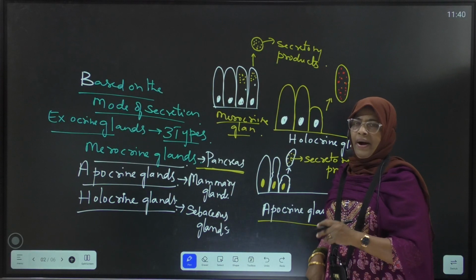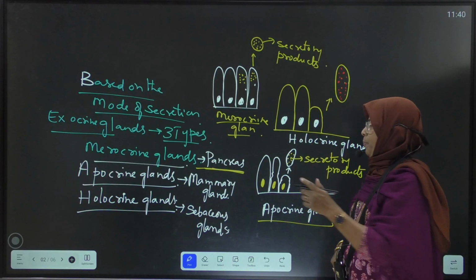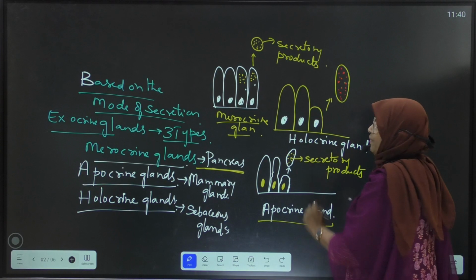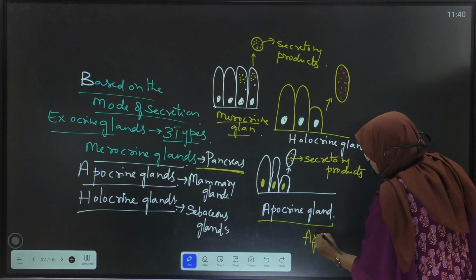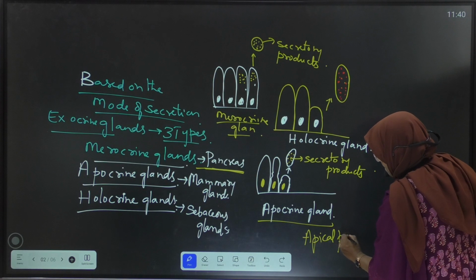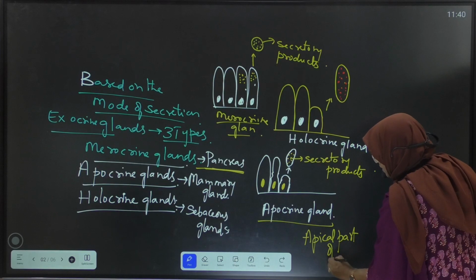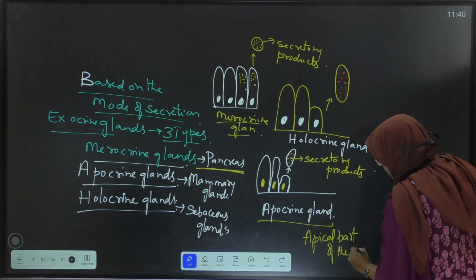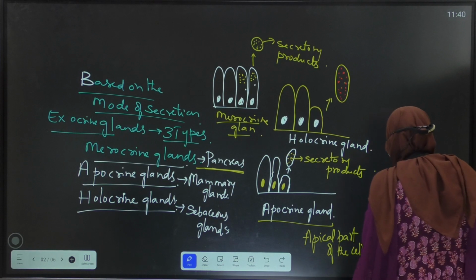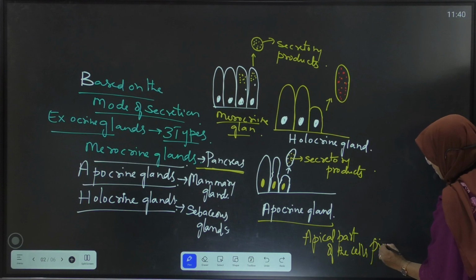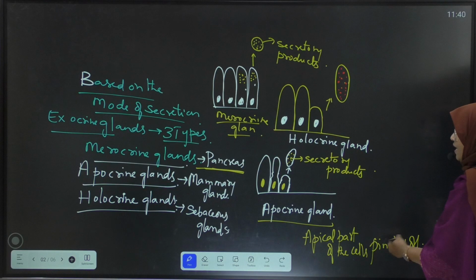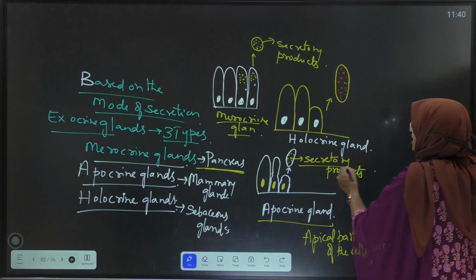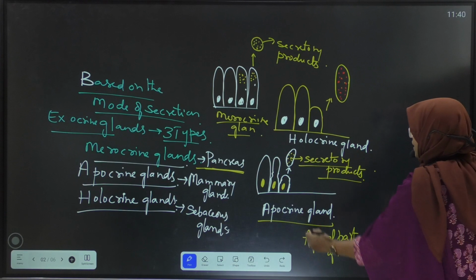Only apical part of the cell is pinched off. Means only apical part of the cell is lost during the release of the secretory products.